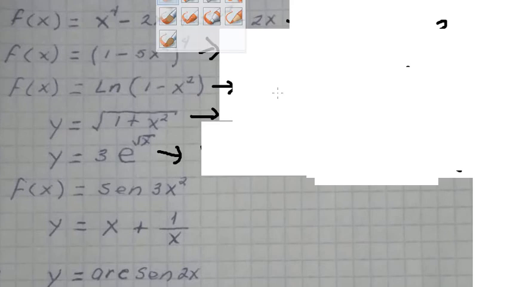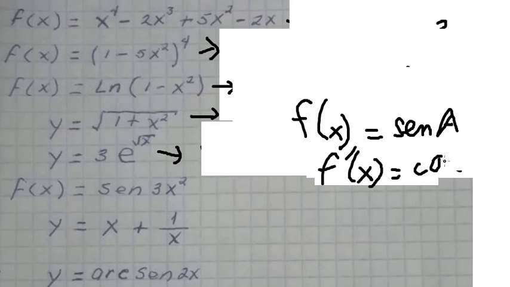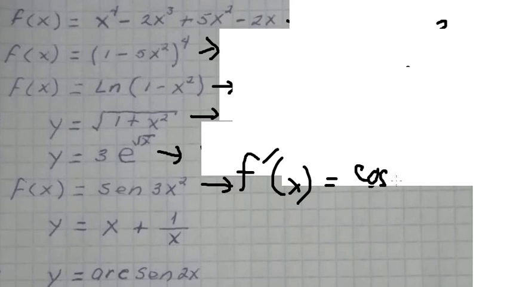Question number 6. If we do the first derivative of sine a, you will get cosine a. And we continue to do the first derivative inside of a. So this one, we get cosine 3s squared.